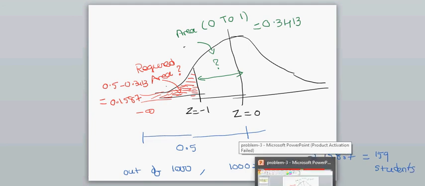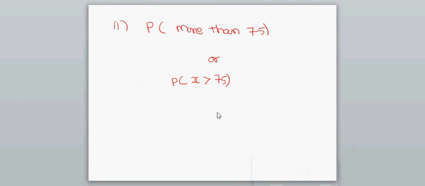Similarly, the second question is the probability that marks are more than 75. Because I have taken X as marks in the examination, more than 75 is nothing but X greater than 75. We will convert this into the Z variable by using the formula X minus mu by sigma.